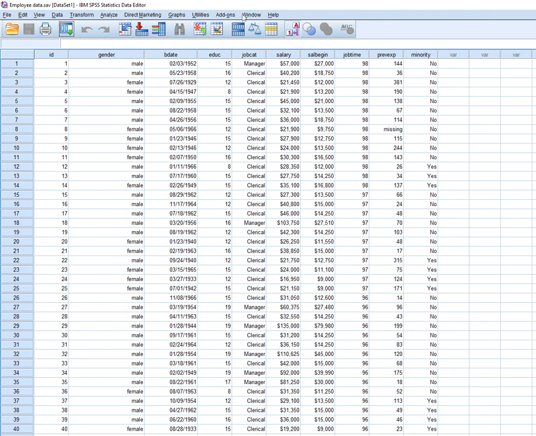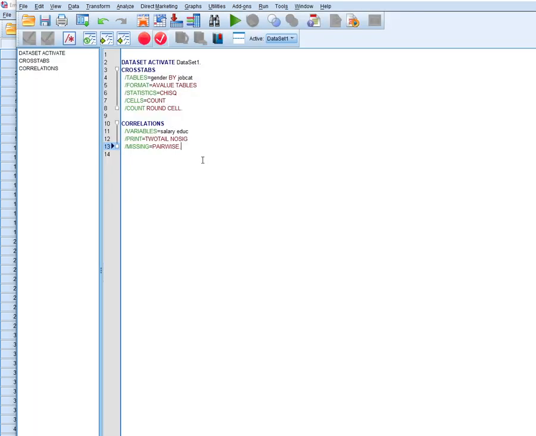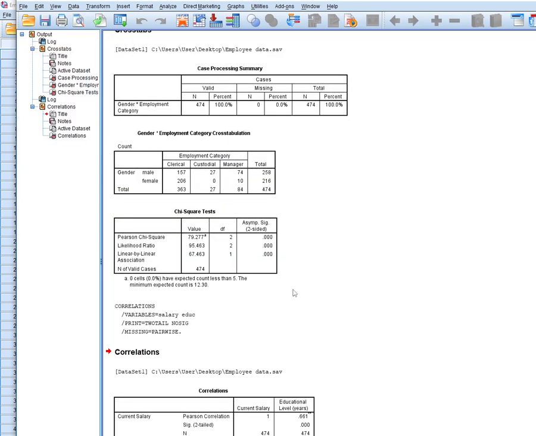If I paste, I can go to my syntax, and if I execute that, I have a correlation matrix. And I know even in the assignment that you will be doing today, when they talk about correlation matrix, don't think it's a certain complex analysis that you need to do.